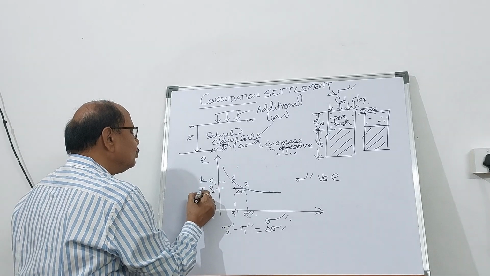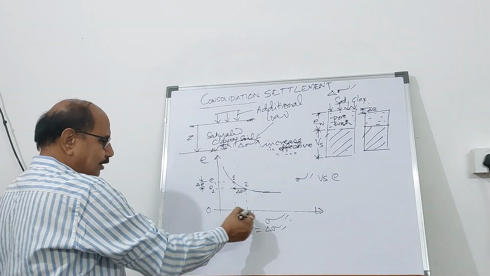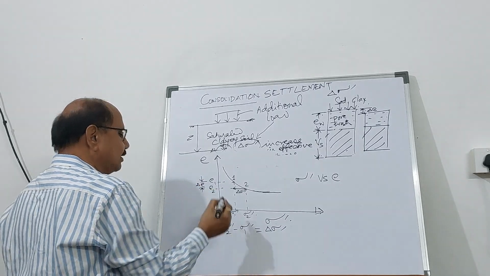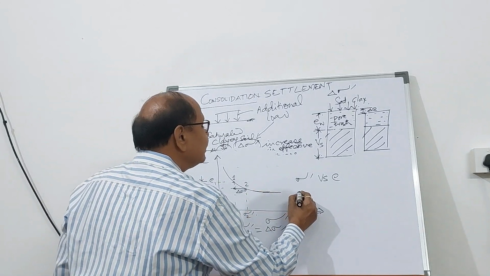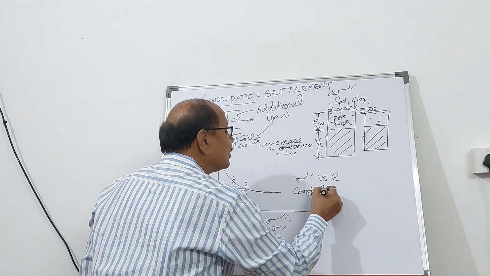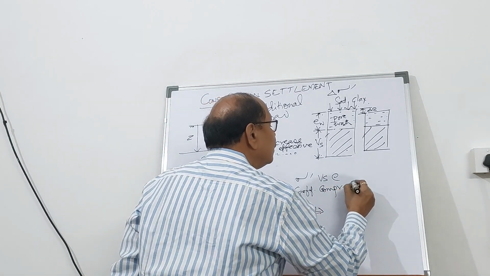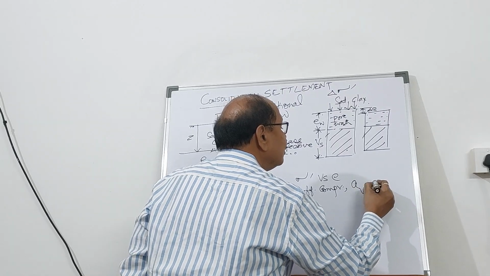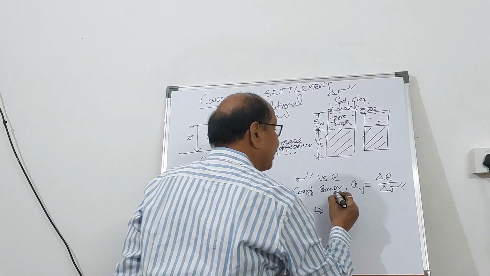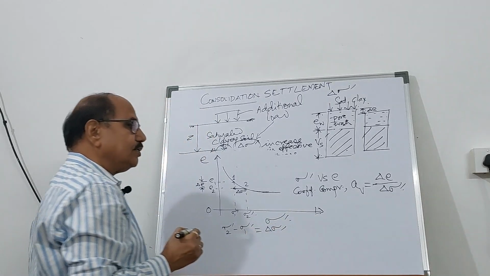E1 minus E2 will give you delta E. For any pressure range from sigma 1 to sigma 2 prime, you can find a coefficient known as the coefficient of compressibility, given by the symbol AV, which is equal to delta E divided by delta sigma prime. Because the void ratio is going to decrease, you can take a negative sign over here.